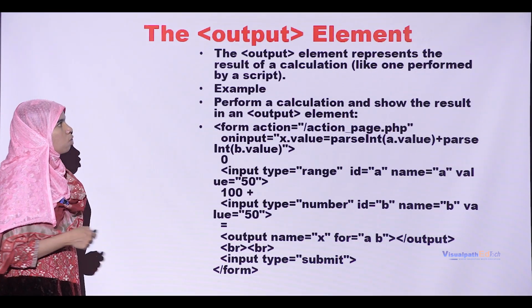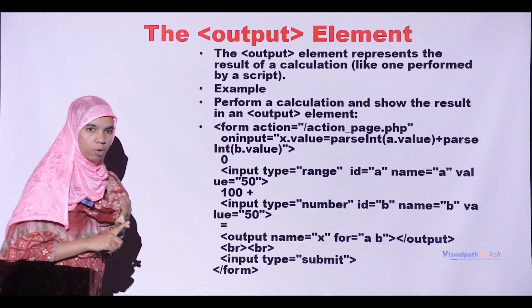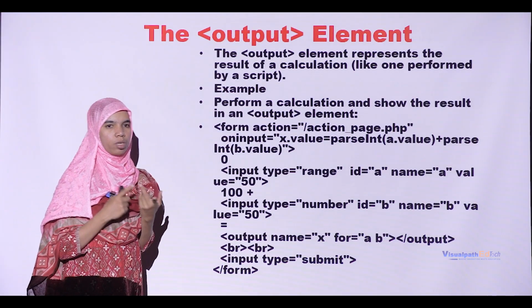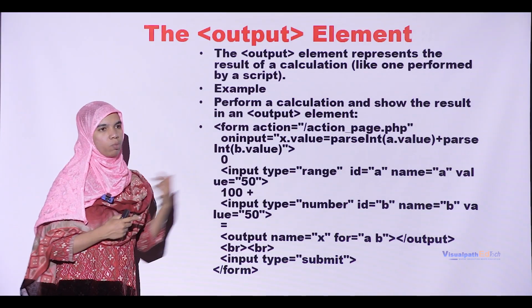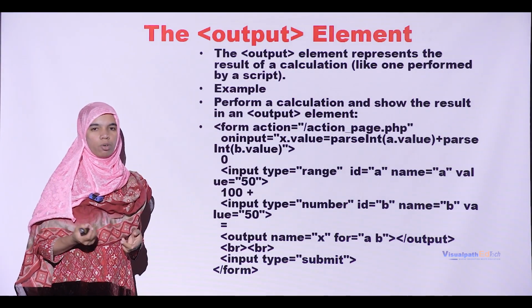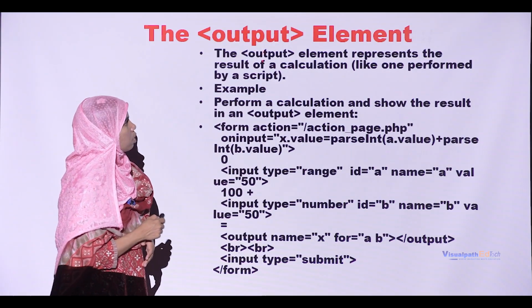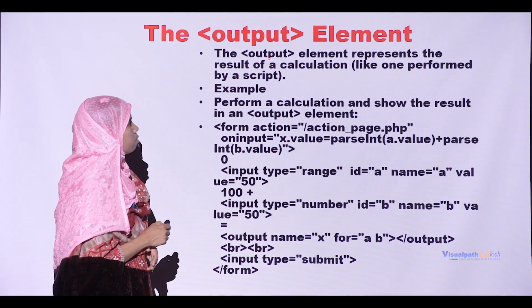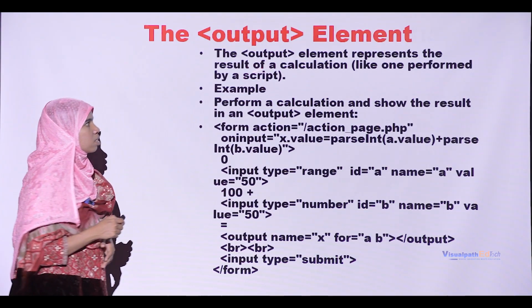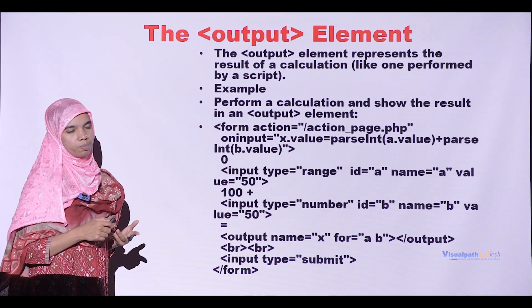Next, output element. So far you have seen the label, textarea, input. One more, legend, you have seen fieldset, you have seen form, now you see the output element. By the name of the output, you can easily tell that we are identifying the result of the output.